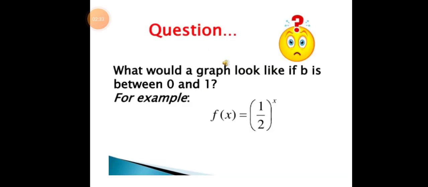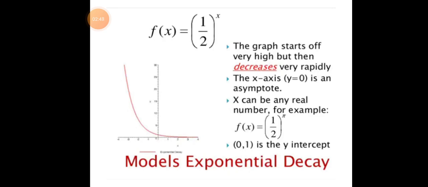Then another question: what would a graph look like if b is between 0 and 1? For example, f(x) equals 1/2 to the power of x. Then this is the graph. This is the model of exponential decay. The graph starts off very high but then decreases very rapidly. The x-axis, y equals 0, is an asymptote. x can be any real number.